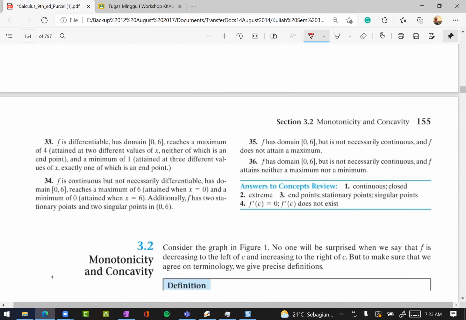To the left, this is decreasing. In determining whether you have decreasing or increasing, you have to move from the left to the right. Because from c, if you're moving to the left, you're going up, so it's increasing. But no, because you have to go from the left to right, then to the left of c, it is decreasing. So that's the idea.